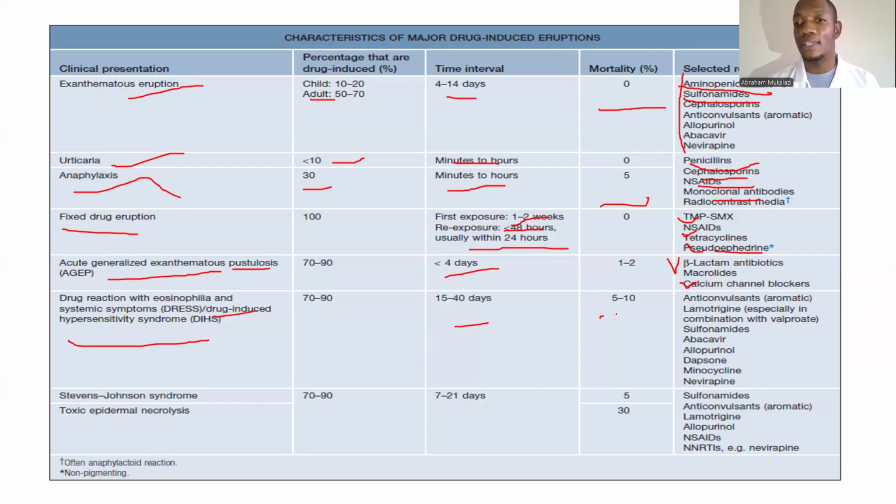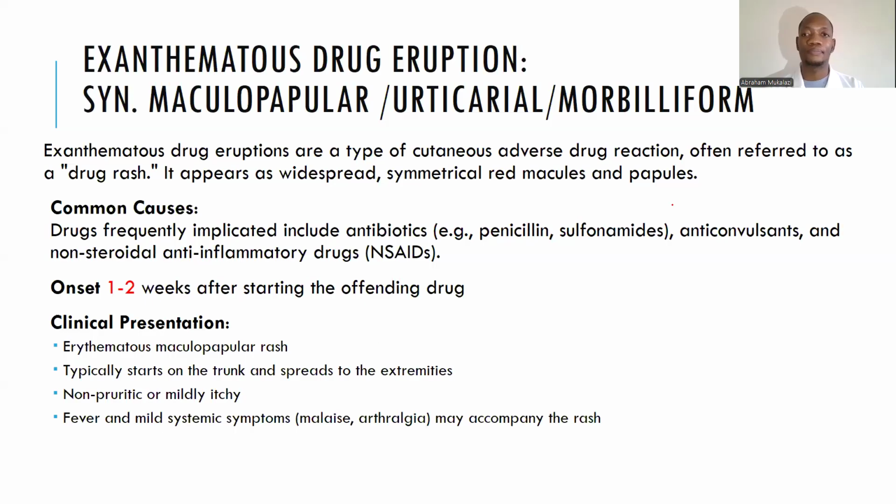We see that it is more commonly seen with the anticonvulsants, drugs like lamotrigine, allopurinol, dapsone, minocycline, and the rest. Then we have other conditions like SJS and TEN. These usually occur about 1 week to 3 weeks after you've given your drug, and are commonly seen with sulfonamides, anticonvulsants, NSAIDs, as well as other triggers.